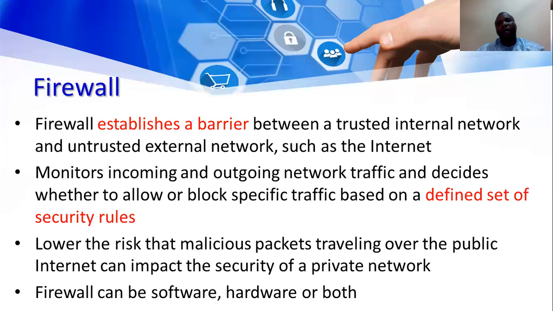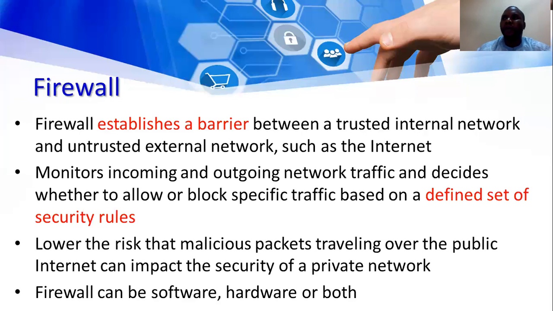A firewall is a device that establishes a barrier between a trusted network and an untrusted external network, like your internet. Let's say, for example, you have a local area network, maybe your campus area network or local area network in your school or in your faculty, and you want this local area network to connect to a wide area network, that is, to connect to the internet.